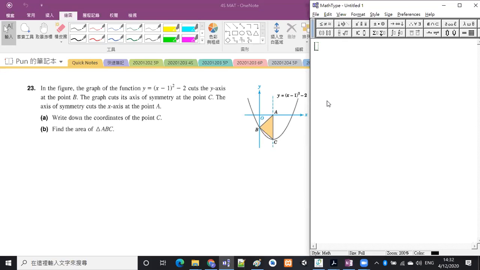好啦，嗰個 graph 嗰條對稱軸係相交於 C 點，咁個 C 點係咪就係個 vertex 嚟㗎？即係對稱軸 cut 喺個拋物線上面嗰點，就係個 vertex 嚟㗎啦。所以我哋嗰個 point C, the coordinates of the point C will be the h value and the k value.